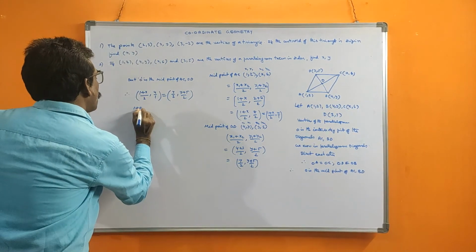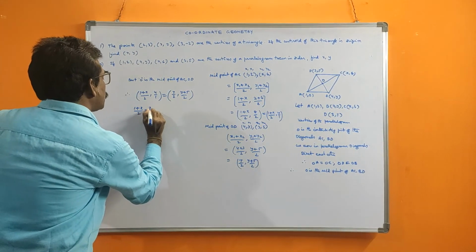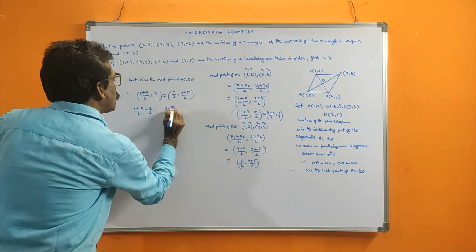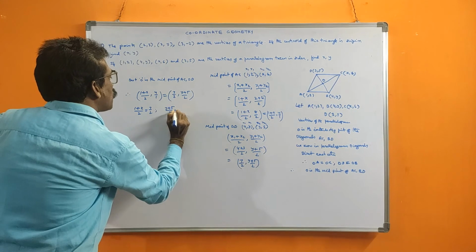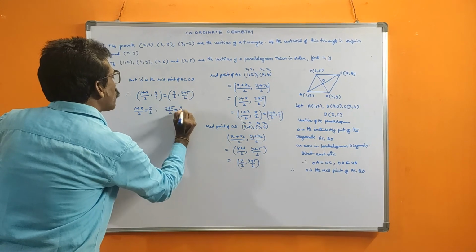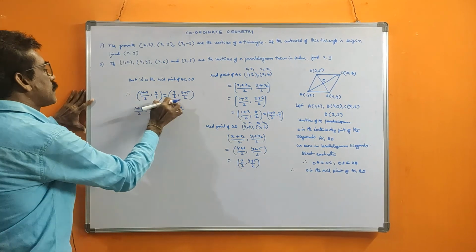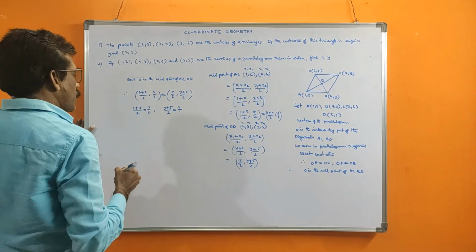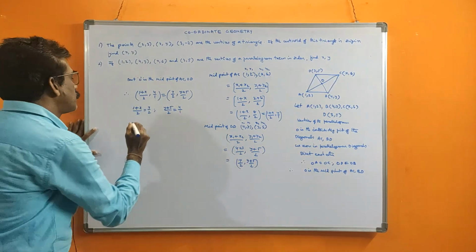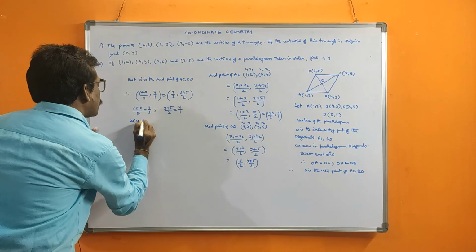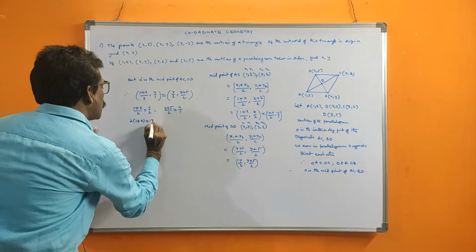Now, (1 plus x) by 2 is 7 by 2. Then (y plus 5) by 2 is equal to 4 by 1. See, y only I equated. Reverse also, no problem. By this we will get the variables. By cross multiplication, 2 into (1 plus x) is equal to 2 sevens are 14.